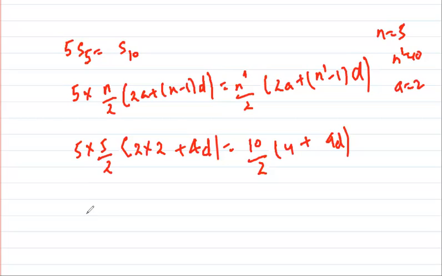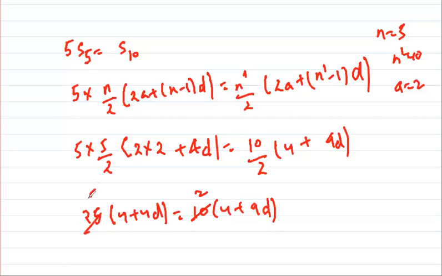So it will be 5 into 5 by 2 into (4 plus 4d) is equal to 10 by 2 into (4 plus 9d). Solve it: 20 plus 20d is equal to 8 plus 18d. This will go this side, this will go this side. You will get the value of d, yes or no?